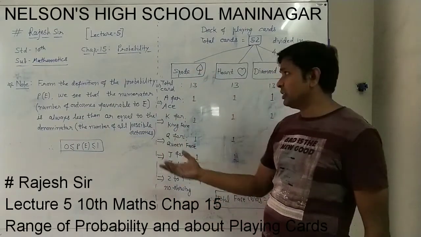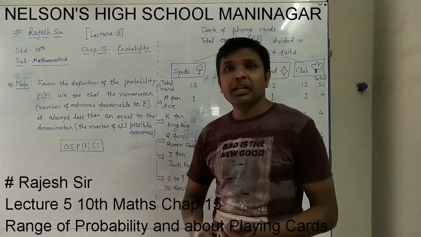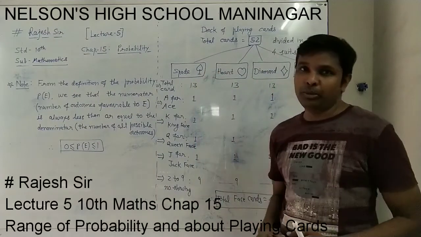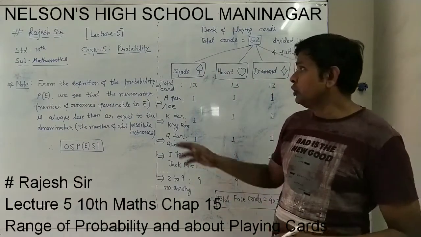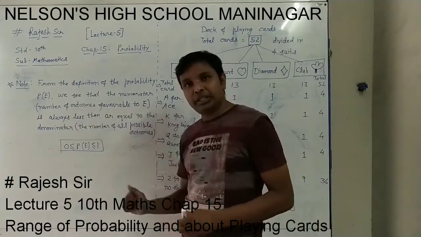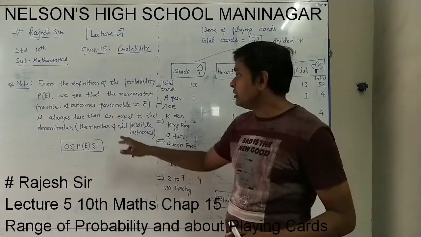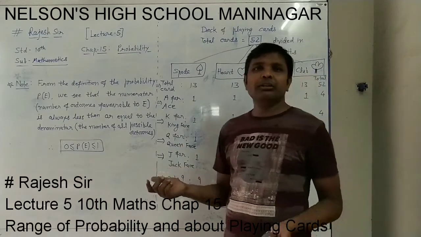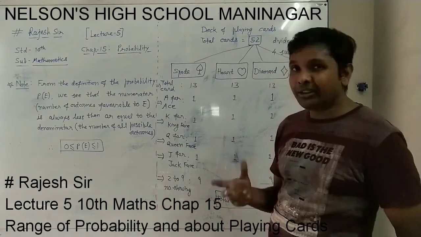In the three examples we have seen before, we saw that the numerator is always less than the denominator. What is the numerator? The number of outcomes favorable to E. And what is the denominator? The number of all possible outcomes. We have seen impossible events and sure events also.